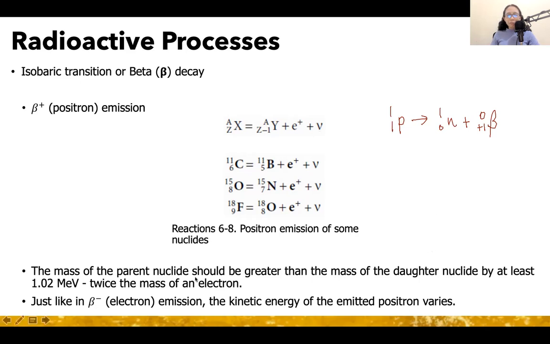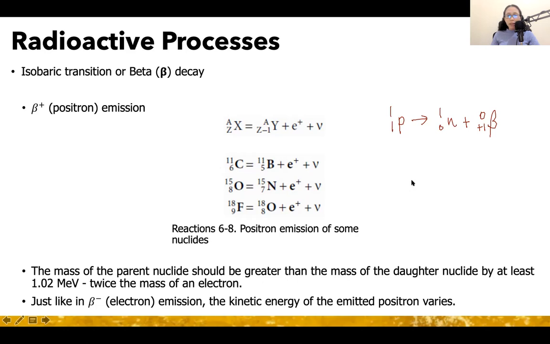Okay? So one note here, the mass of the parent nuclide should be greater than the mass of the daughter nuclide by at least 1.02 mega electron volt. So what is this 1.02 mega electron volt? This value is twice the mass of an electron. So the mass of the parent nuclide should be greater than the mass of the daughter nuclide by at least twice the mass of an electron.